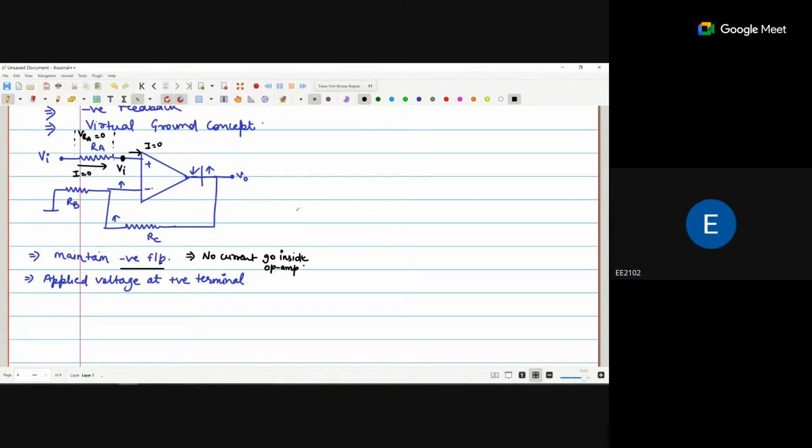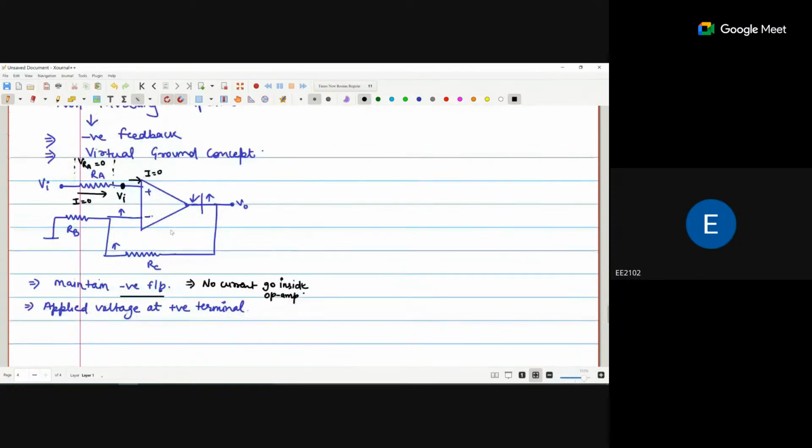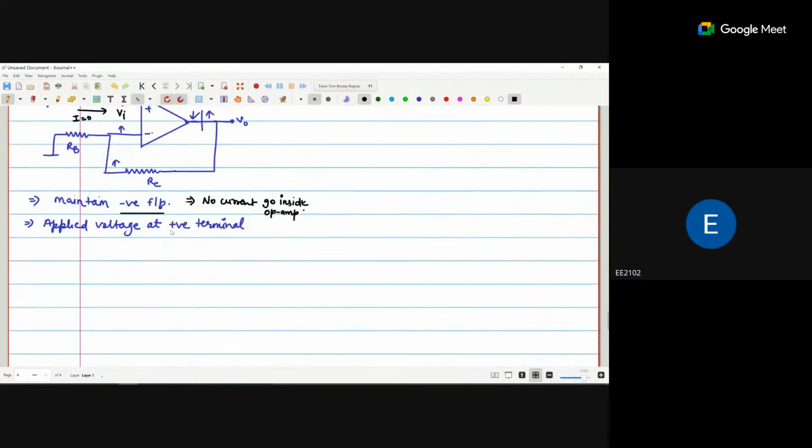Any doubt? Ask. No doubts? Okay. So this point voltage is also Vi. Now, virtual ground.